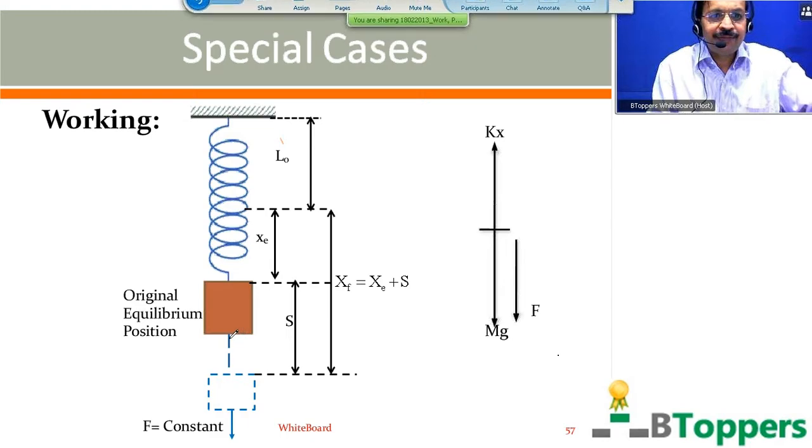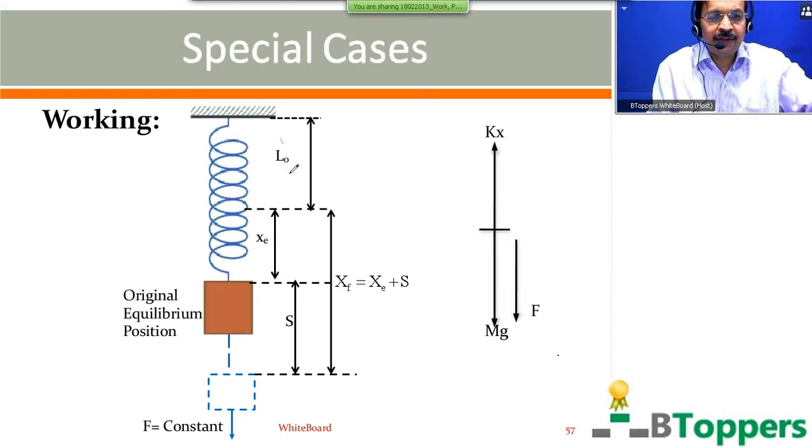The diagram on the left side, you can observe that L0 is the natural length of spring, that is the length of spring when no stretching force is applied. And Xe is the elongation of spring in the original equilibrium position of the block before this constant force F is applied.